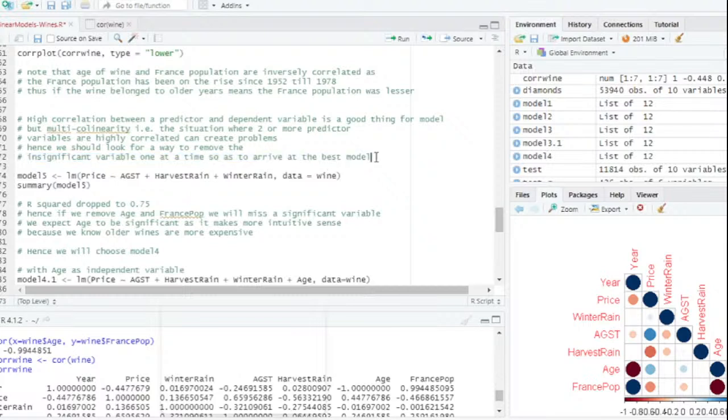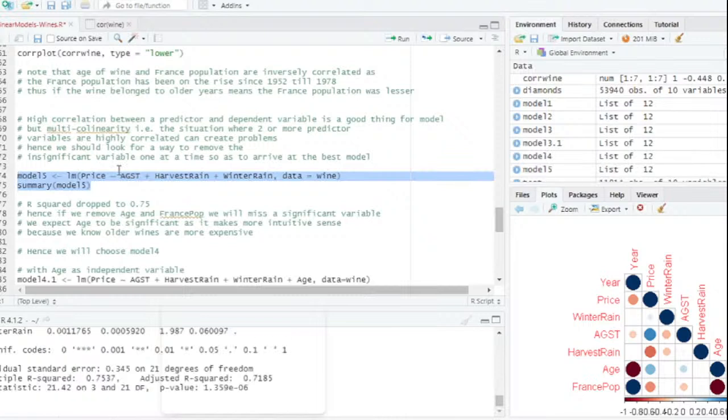So, you do some iterations like the iterations we are doing. We removed France population. I will remove age and check, right? In this model 5, I have removed age also, along with France population, and I see that R square and adjusted R square reduce. Can you see R square and adjusted R square?